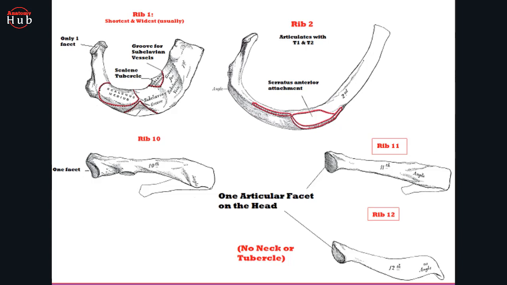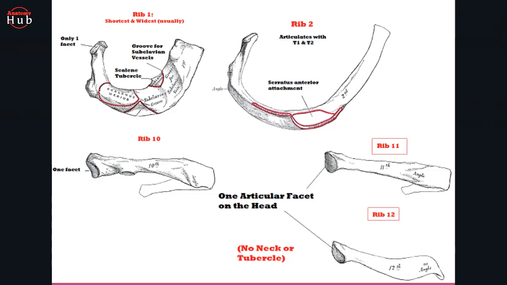The 10th rib is similar to the 9th rib, the only difference being that in the head you will find a single facet in the 10th rib, but in the 9th rib, as usual, you will find two demifacets.